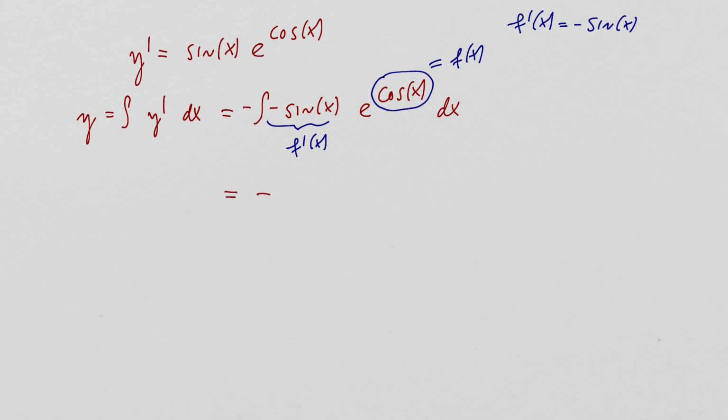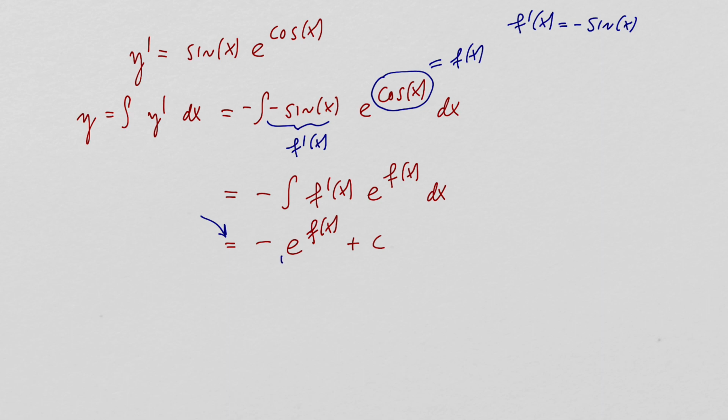So we are integrating the derivative of our inner function times e to the power of that function. This gives e to the power of that function plus some constant. You can check this by differentiating.